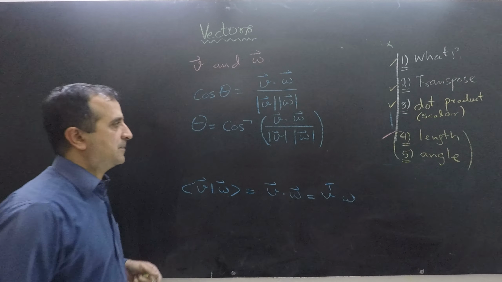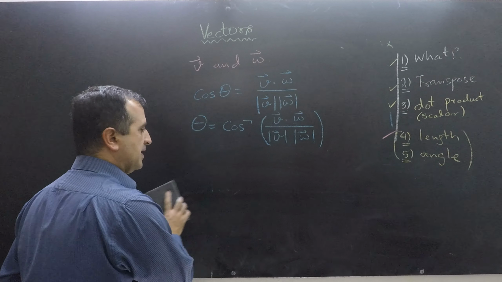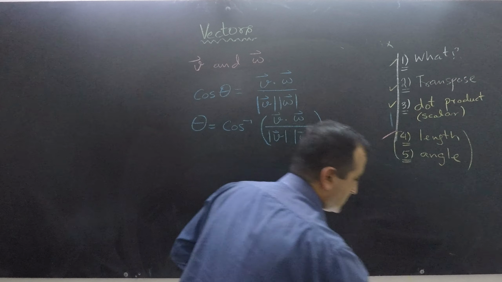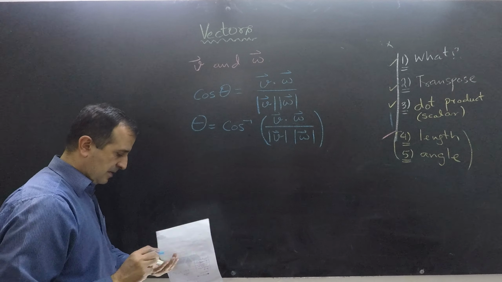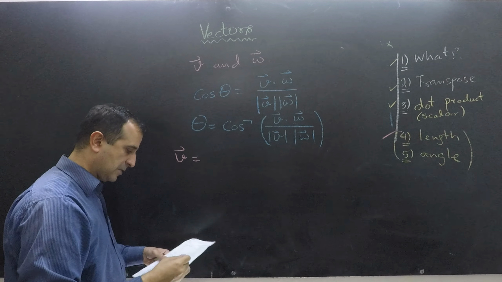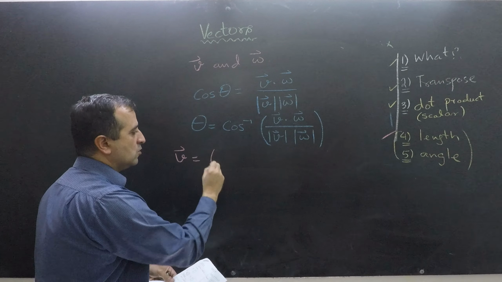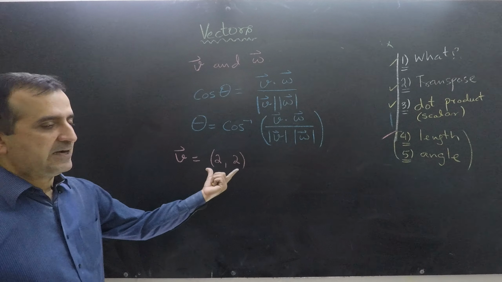So that's it. Now let's do an example to make clear how we can find the angle. In this example, let's say my v is equal to (2, 2). I'm just writing vectors like this, and this is another notation to write vectors.